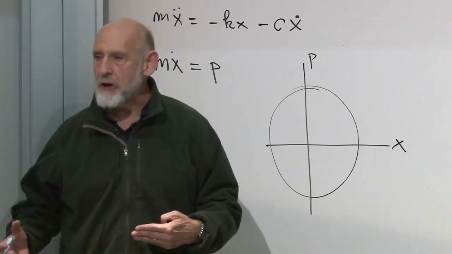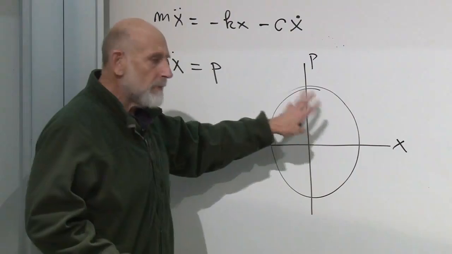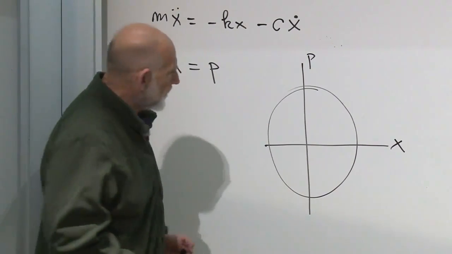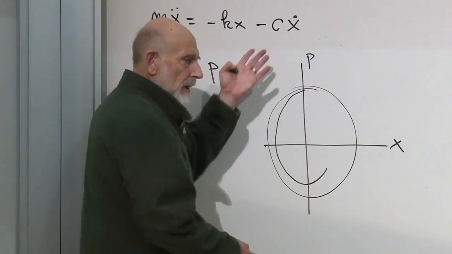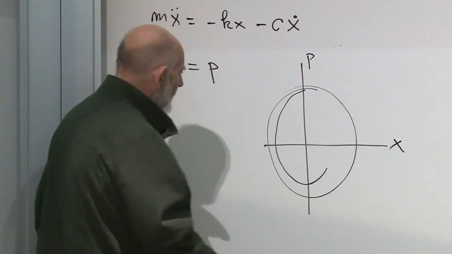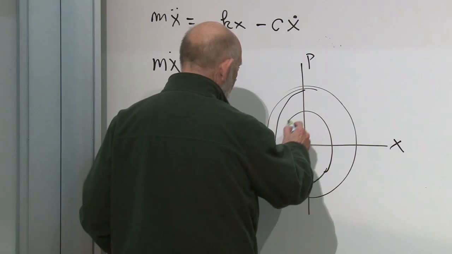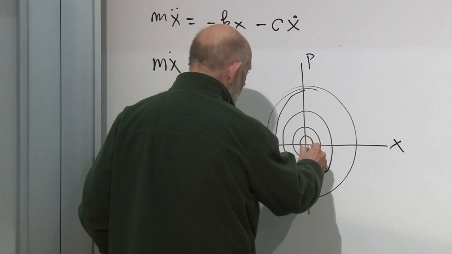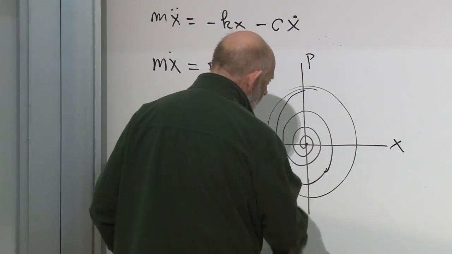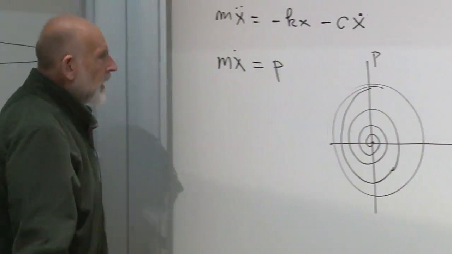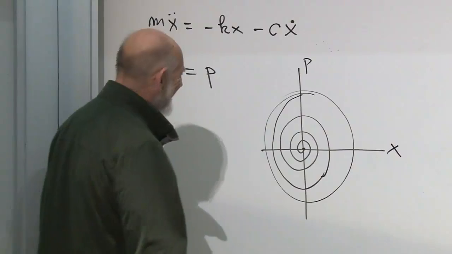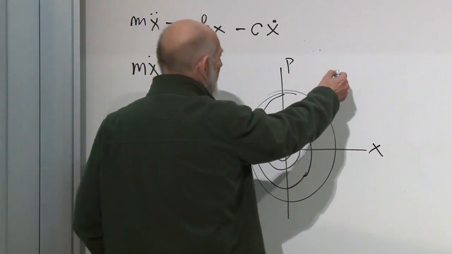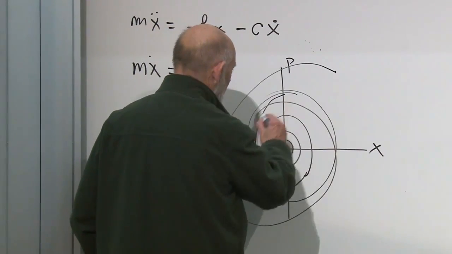If energy is being sucked out of it, it means the radius of the orbit is getting smaller with time. So if energy is being sucked out, let's say slowly, let's imagine this viscosity is small, then it just spirals in and gets closer and closer to the origin. You're right, it should be clockwise. Right. Okay. And in fact, it doesn't matter where you start. You spiral into the origin.